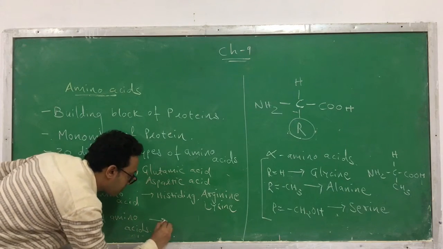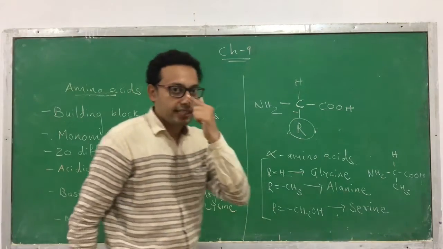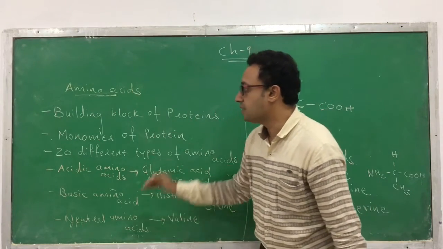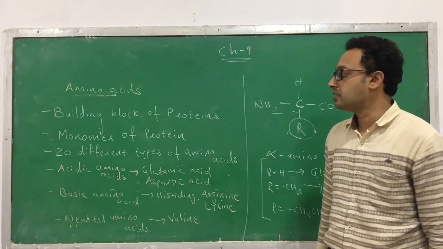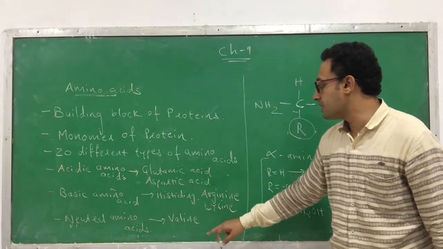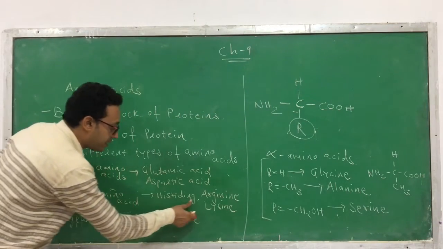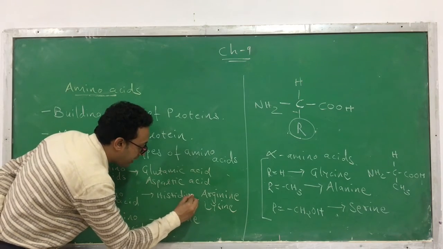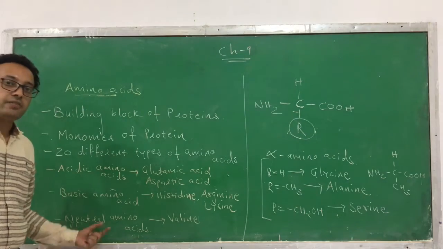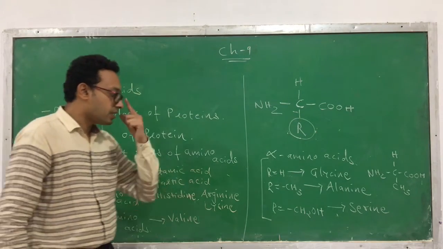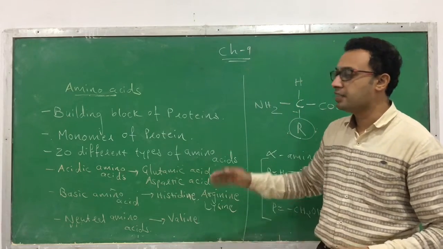The example is valine. So these are the examples: acidic, basic, and neutral. Acidic amino acids are glutamic acid and aspartic acid. Basic amino acids are histidine, arginine, lysine. See, dear students, here there is a spelling mistake. It's histidine, N-E. And the example of a neutral amino acid is valine.